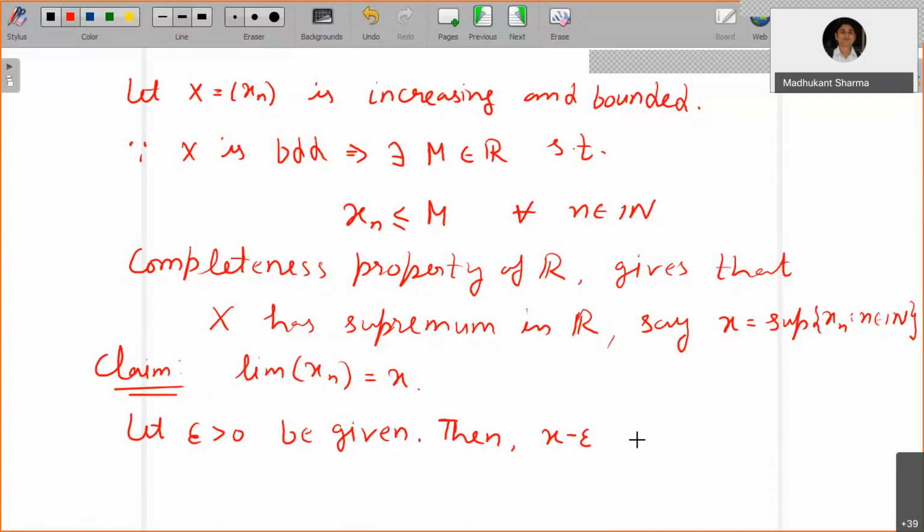Then X minus epsilon is not an upper bound of the set xn such that n belongs to the natural numbers. That's if and only if. We have already seen this result as if and only if. Now, any question?